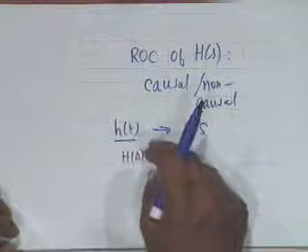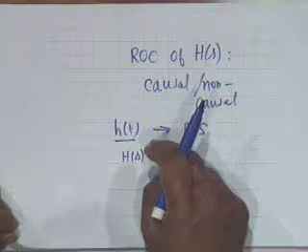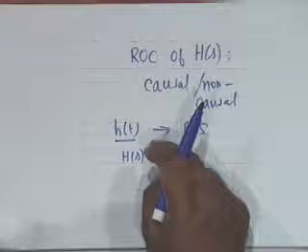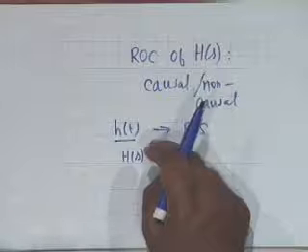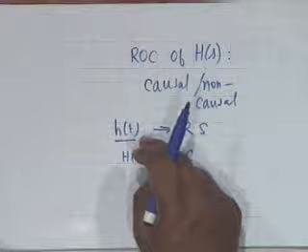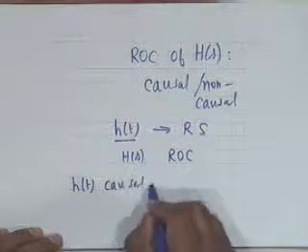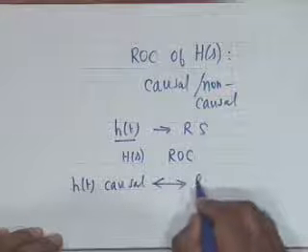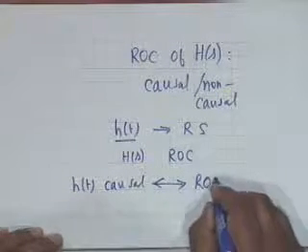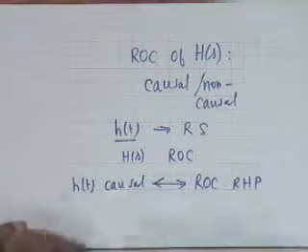If h of t is causal, then what is the ROC? If it is causal, it must be right sided. Isn't that right? H of t causal means h of t is 0 for t less than 0. So, h of t causal shall mean the ROC is some right half plane.